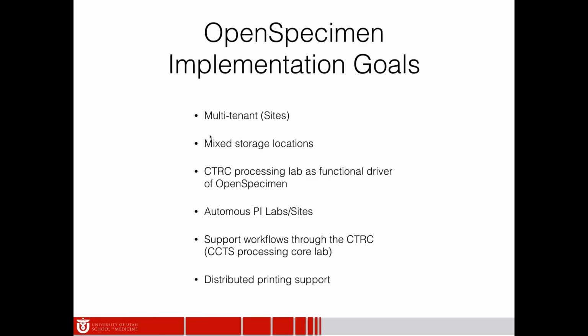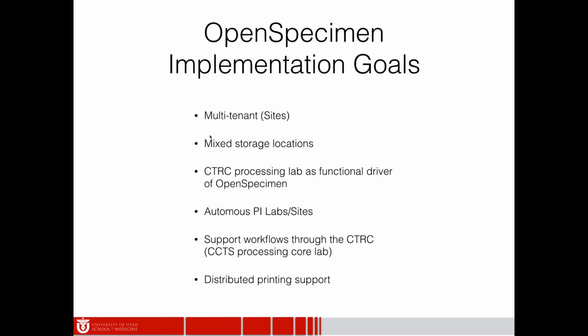Our central processing lab within the CCTS is called the CTRC. They actually are sort of the functional driver of OpenSpecimen. So everyone who's going to be using OpenSpecimen in our setup will be working with the CTRC when they request specimens such as DNA samples derived from whole blood that's from a participant in one of their trials.